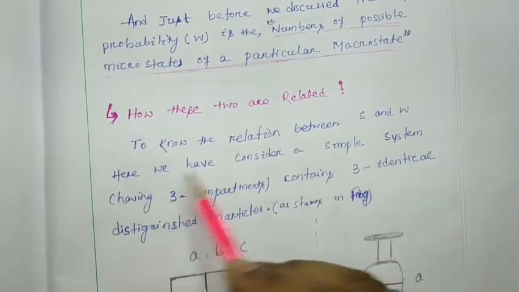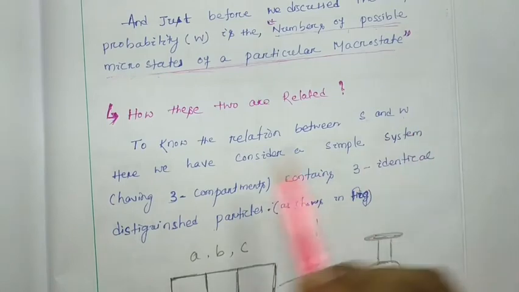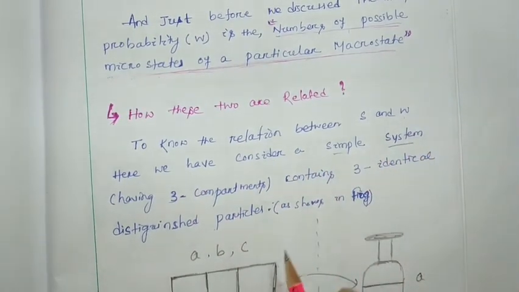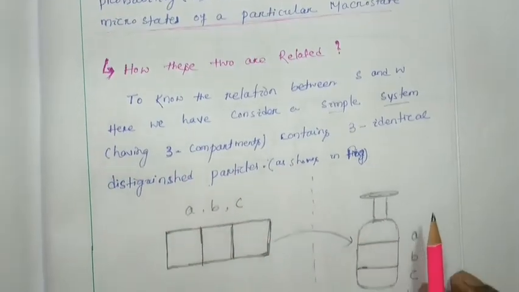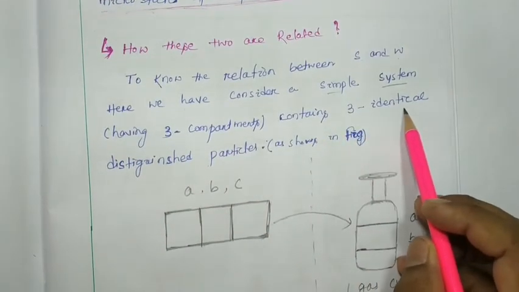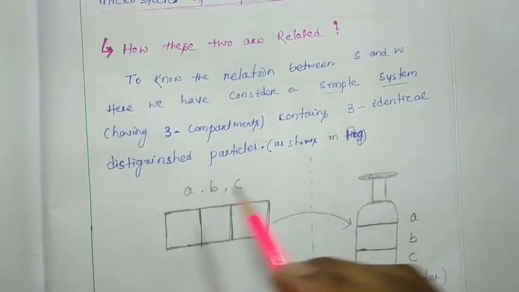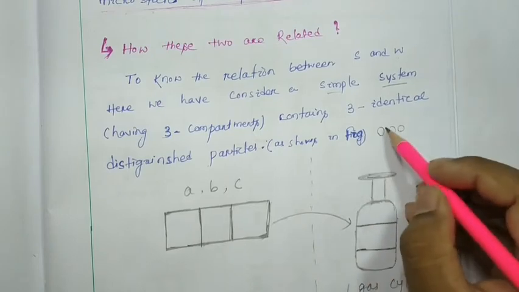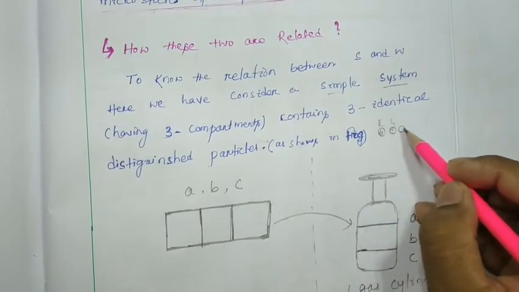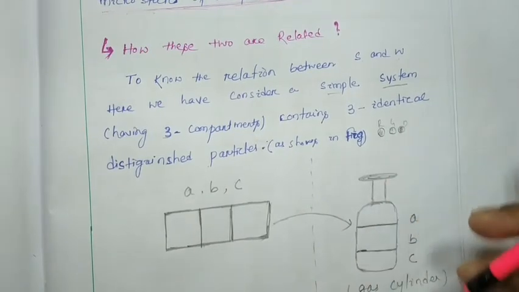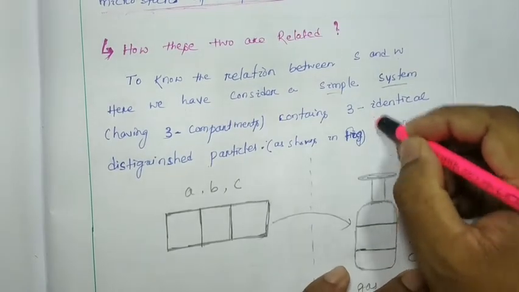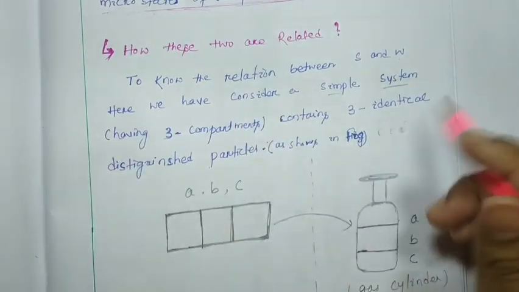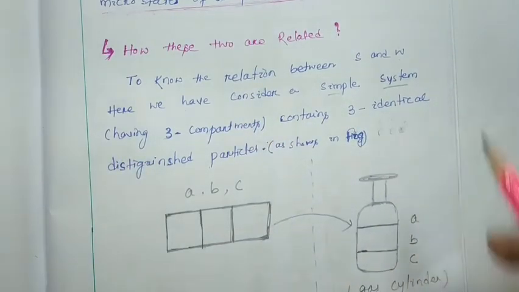To know the relation between S and W, we consider a simple system having three compartments, containing three identical but distinguishable particles. Identical means the size may be equal, but this may be red, this green, this blue, so they can be identified.